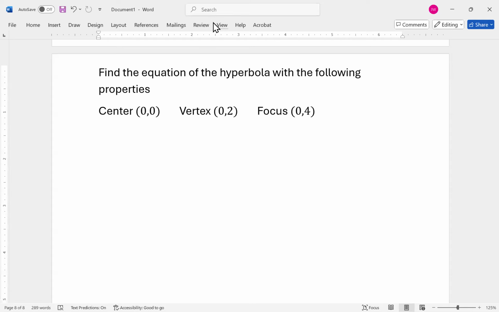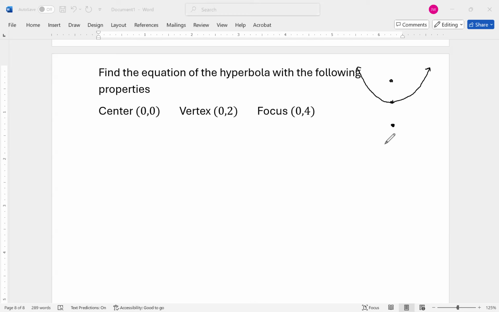I always find it nice when the center is at 0, 0. I feel good about that. So the center is at 0, 0. Focus is at 0, 2. Excuse me, no, vertex is at 0, 2. Focus is at 0, 4. Again, those are vertically aligned, and therefore I know what's going to happen with the hyperbola's direction.